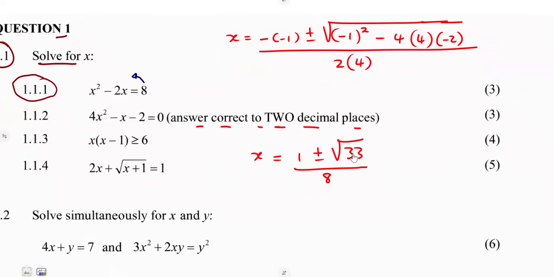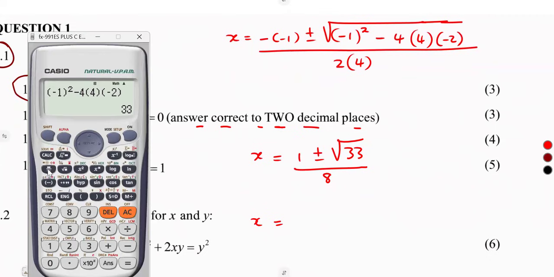As we can see here, we can simplify, and we're going to have two different answers. So x is equal to, you can simply use your calculator, 1 plus the square root of 33 over 8. That was the first answer, 0.84 to 2 decimal places, or you can just fix your calculator to 2 decimal places.